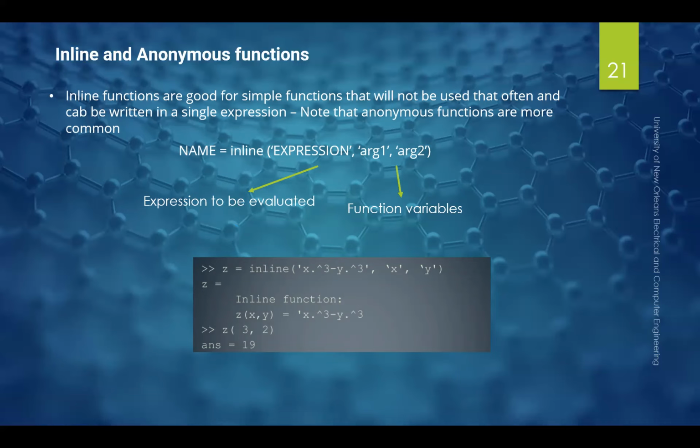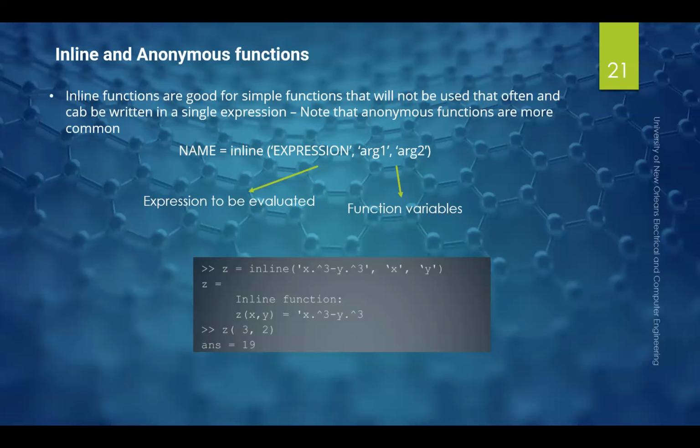But again, notice that anonymous functions are more common, okay? But this is something you should know because you're going to find inline functions still being used in a lot of the literature. And the format of the inline function is that everything that you define in the inline function is going to be assigned to some sort of name.